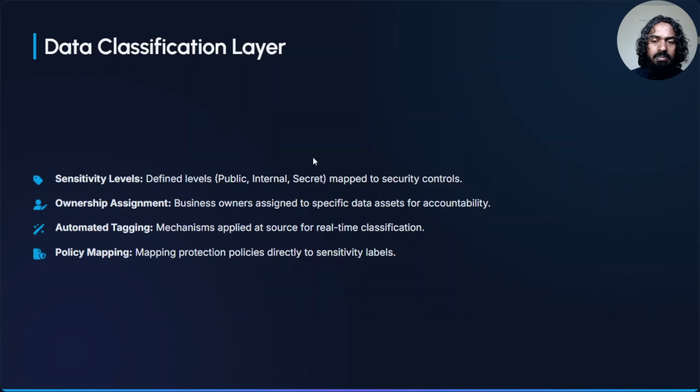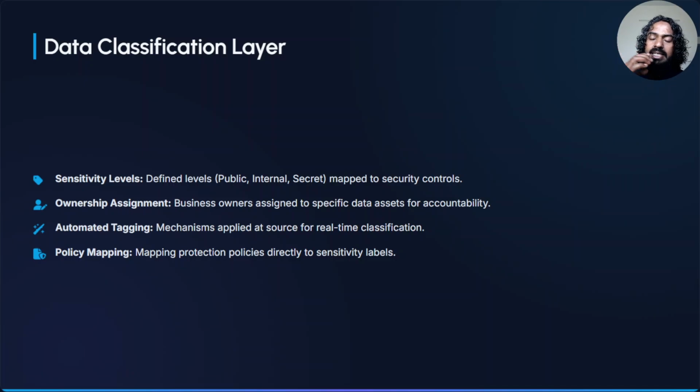So now comes your classification. In theory, this is simple. Label data as either public, internal, confidential, restricted, and then many more, right? But in reality, most organizations either don't classify their data properly or classify once and forget it forever, right?